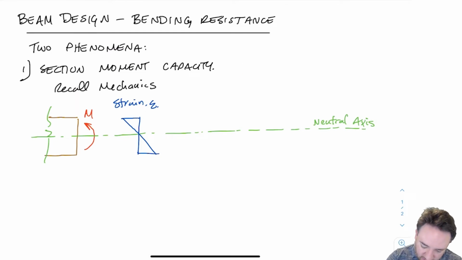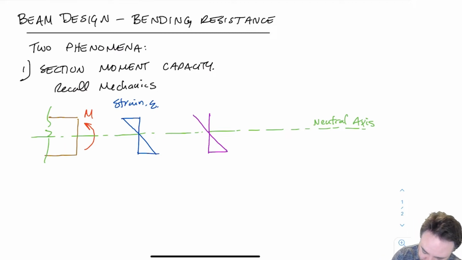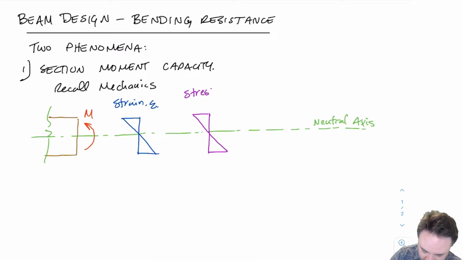So then if I want to look at the stress in the beam, as long as I'm still within the linear range of the material, so I haven't started to crush anything or haven't gotten high enough that I'm starting to have a loss in stiffness, then my stress is going to also look like that. So this is explicitly the stress that's in the linear range of response.